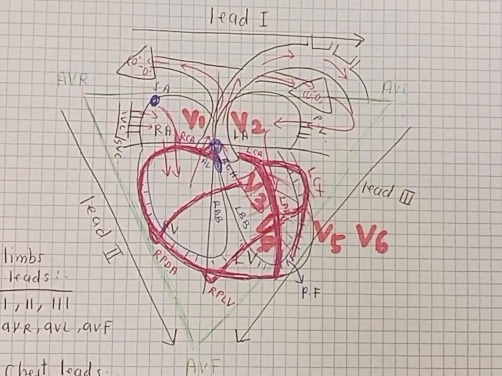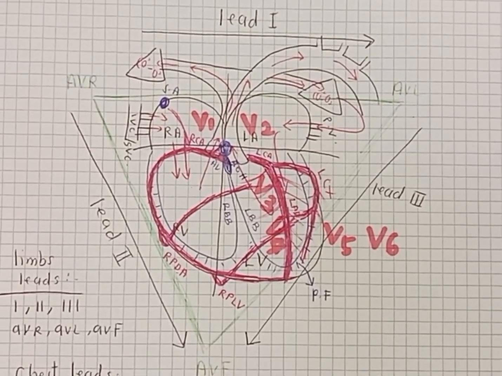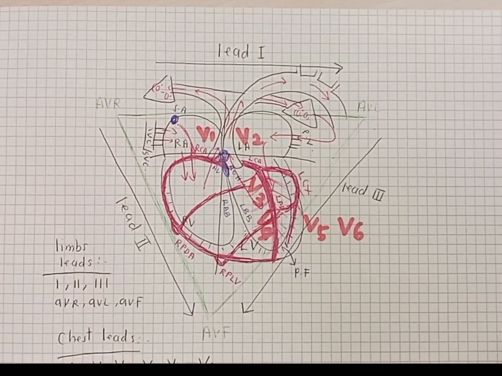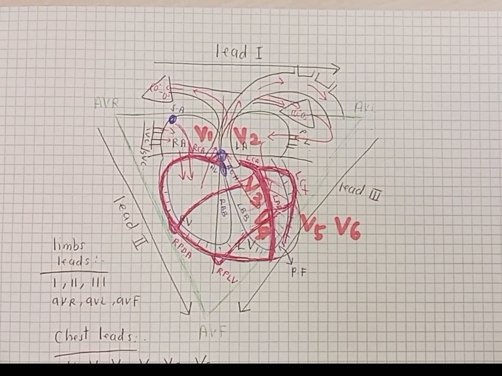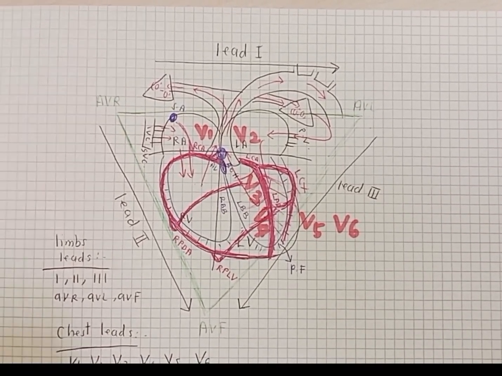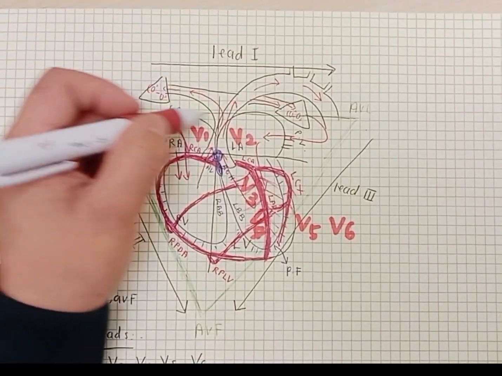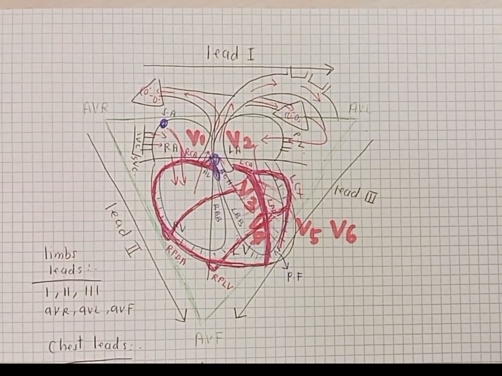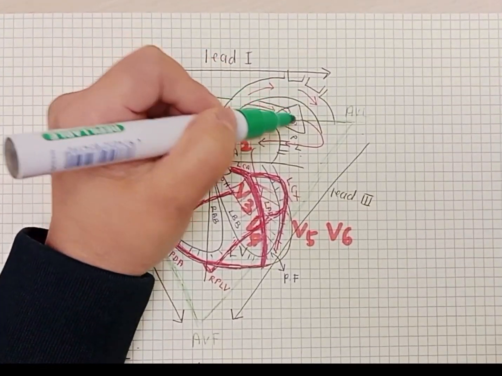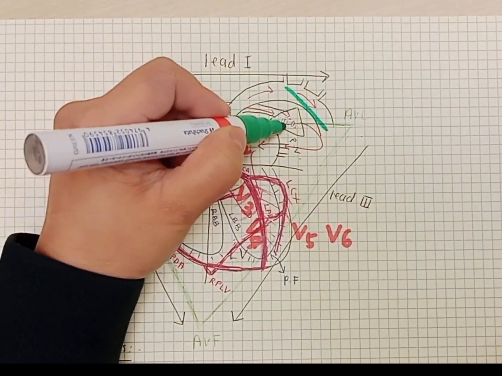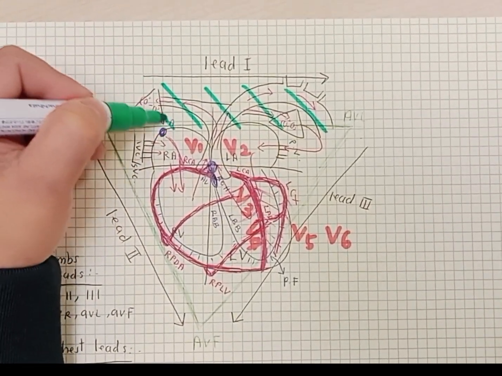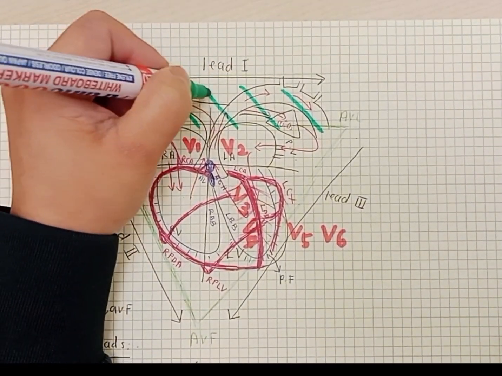So how do we know the location of the STEMI from the ECG? So here we call this the upper side, high.